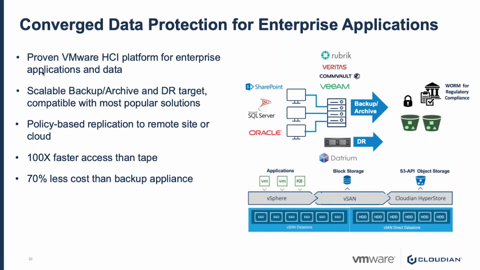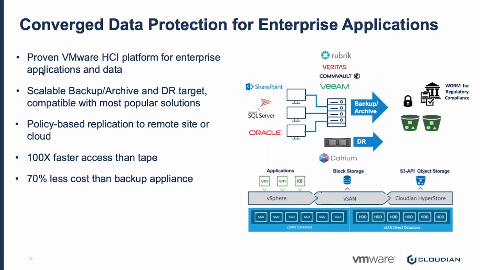Yeah, and by the way, with traditional applications, if you're running, let's say, Oracle or SQL or anything like this on vSphere today and leveraging vSAN, and you're looking to protect those VMs and that vSAN storage disk through any of the traditional legacy backup applications, be it Rubrik, Veritas, Commvault, Veeam, Cloudian is fully integrated.